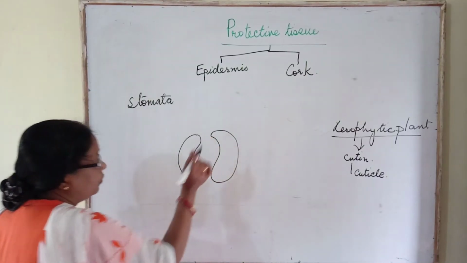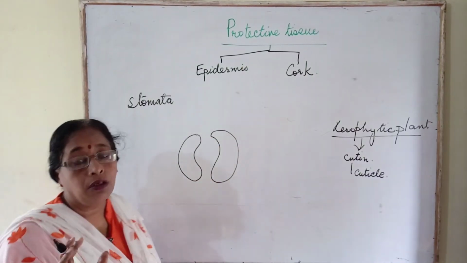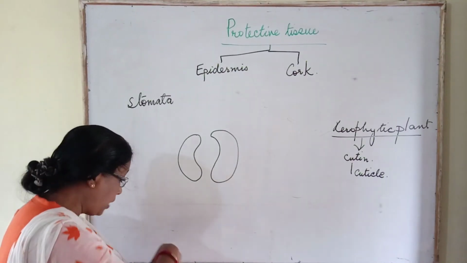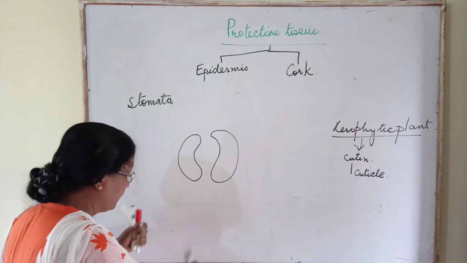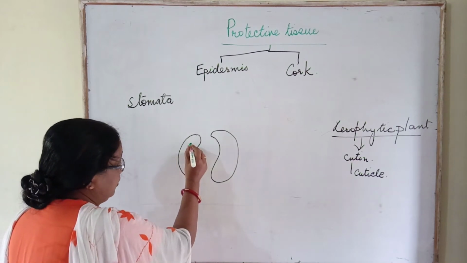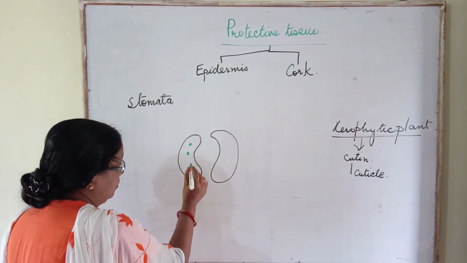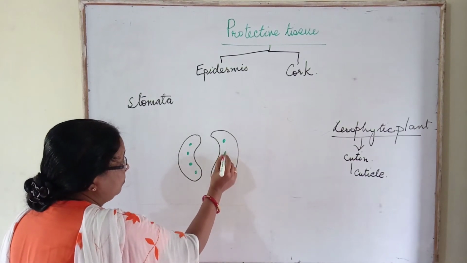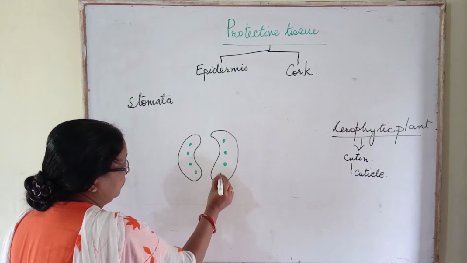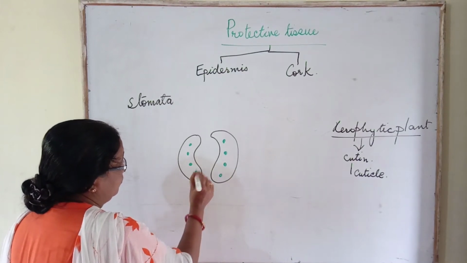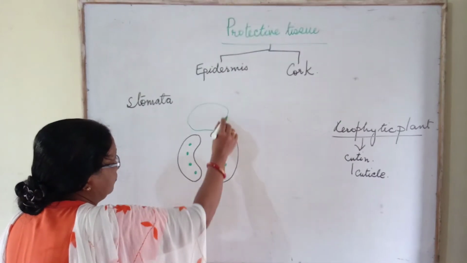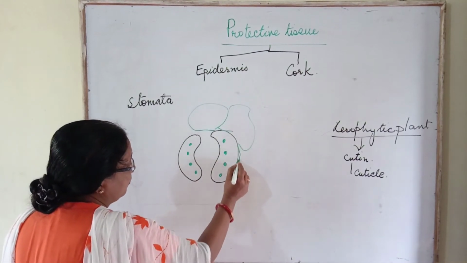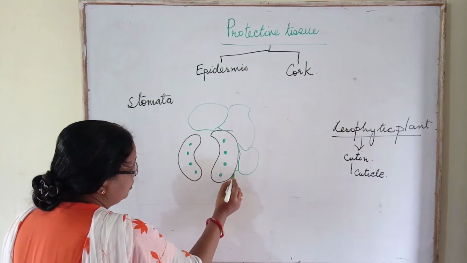It is composed of two bean or kidney-like cells which are known as guard cells. They have chloroplasts also. These are the chloroplasts. It is surrounded by the epidermal cells.